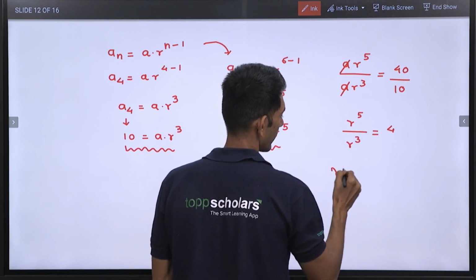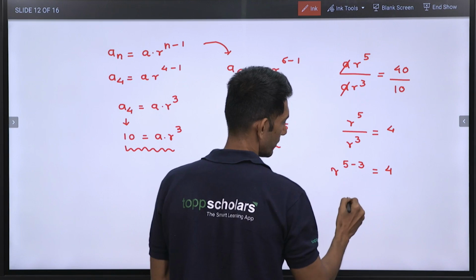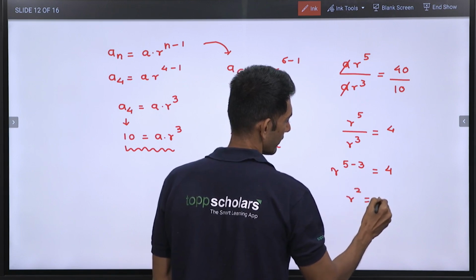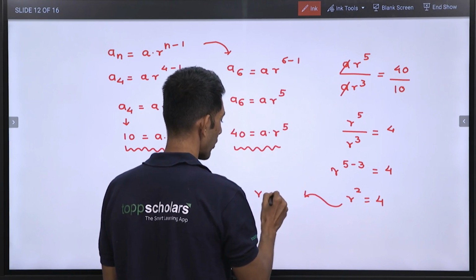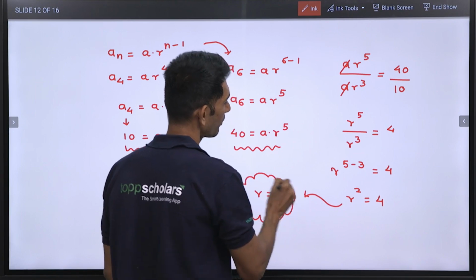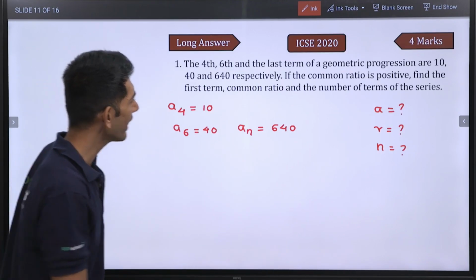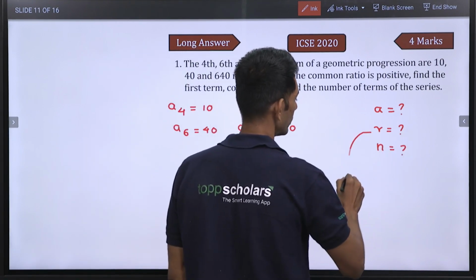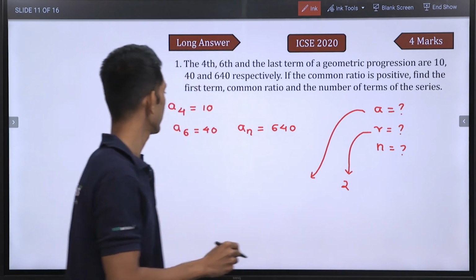So this becomes R raised to 5 minus 3 is equal to 4, which becomes R square is equal to 4. That gives you the value of R, which is positive 2, because they have already told us that the common ratio is positive. So the value of R is 2. What is A? Did we get A? No.